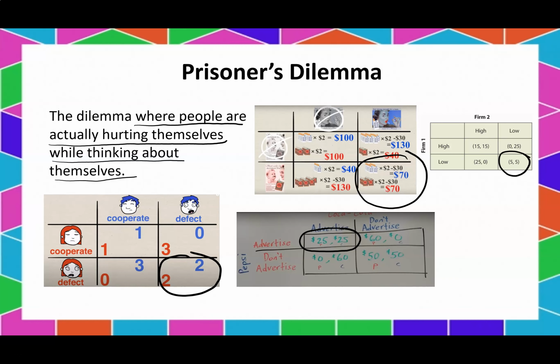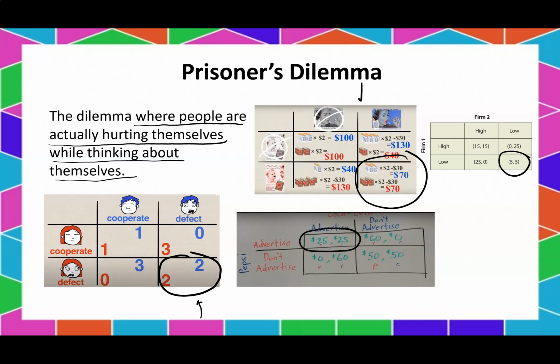Remember, regardless of what red did, it was better for blue to defect or tattletale. So they're basically thinking about their best interest, but isn't it interesting that when they do, they end up hurting each other? Because they could have both cooperated and been nice to each other and both gotten 1 year in prison.